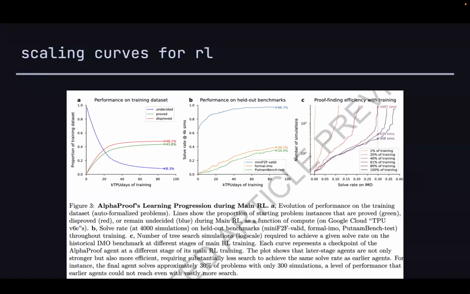This is kind of like a rotated and flipped log scaling law. If you flip the y-axis on its end and then flip the x and y axes, you see a logarithmic curve. So it logarithmically finds shorter and shorter proofs as you train it more and more.